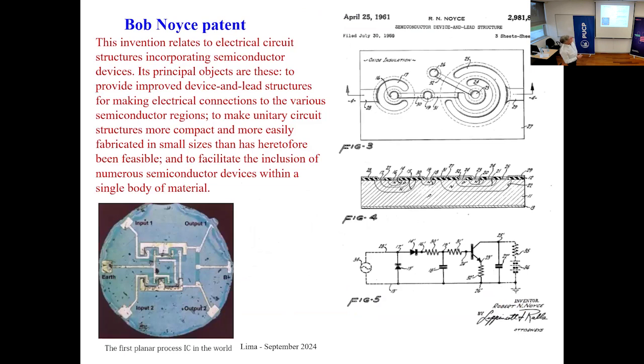This is what you see nowadays when you teach integrated circuits, bipolar circuits. You give the students this basic idea of the bipolar transistor, N, P, N, and so on. And here is the integrated circuit. This integrated circuit was made in this planar process.